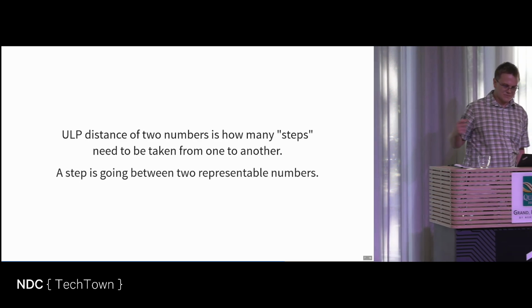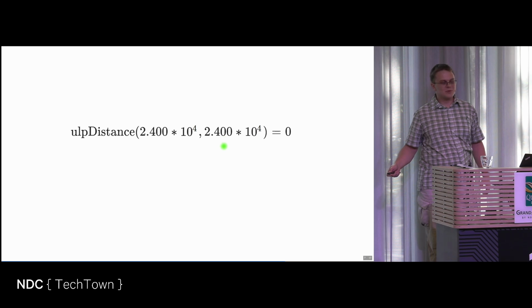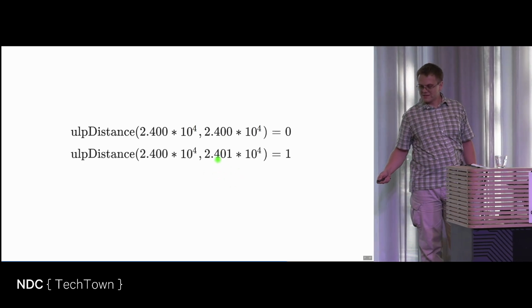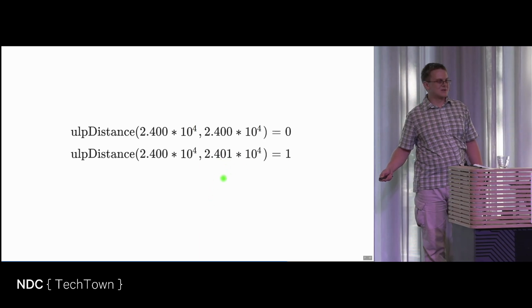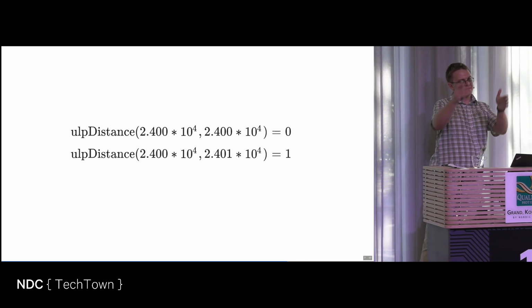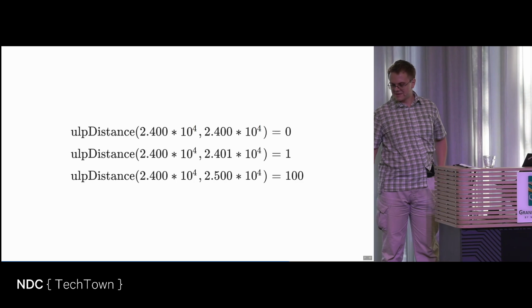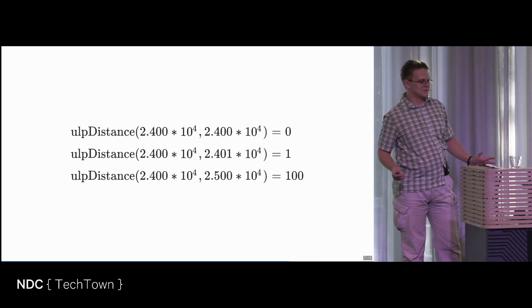For example, the distance of these two numbers is 0 because they are the same. Now, we changed the digit in the last place by 1, so the distance between them is now 1, because there is one step to get there. This takes 100 steps now because we have changed this 4 into this 5. Okay, so that's the distance.